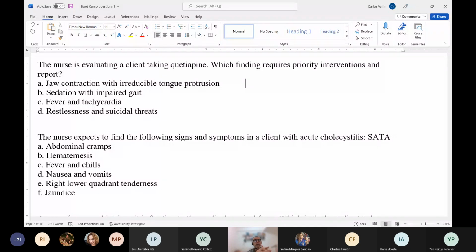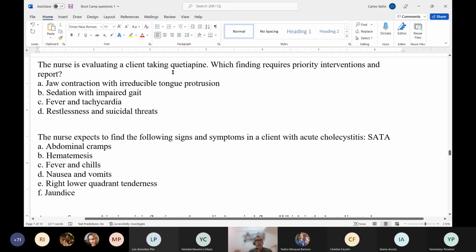So let's go back to the question. The client is taking quetiapine, which finding requires priority intervention and report? Jaw contraction with tongue protrusion, sedation with impaired gait, fever and tachycardia, restlessness and suicidal threats. Maybe by instinct you say, oh my goodness, if you apply Maslow here, fever and tachycardia is a physiological disturbance and should be the priority.